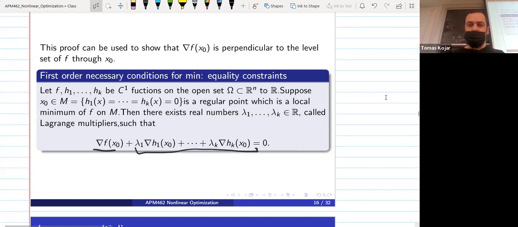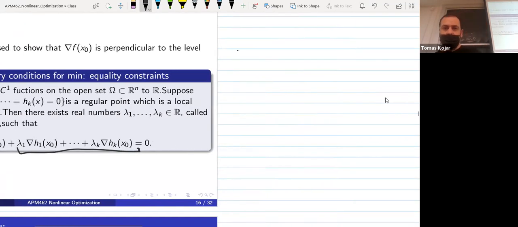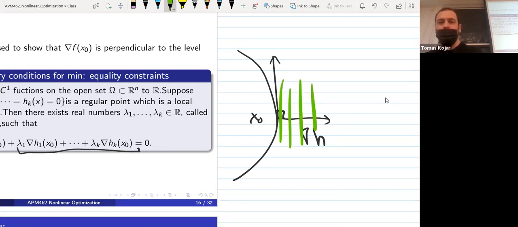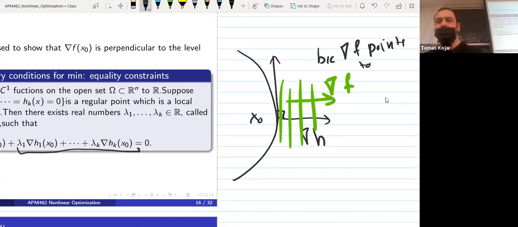Let's go back to our example. So we had this guy, and this was the gradient of h. In order to have x naught be a local min, you need your gradients to be pointing in the same direction. Why? Because the gradient of f points to greatest increase.